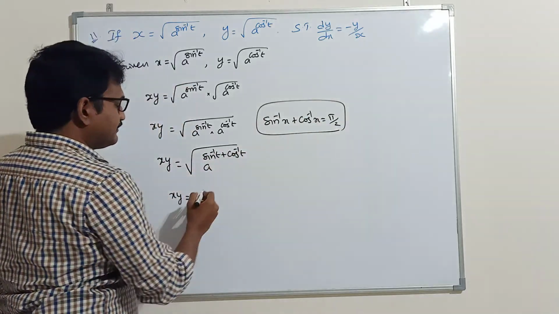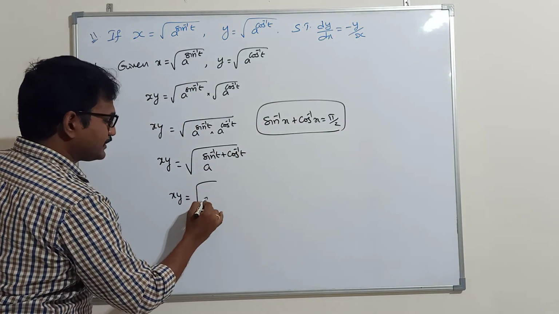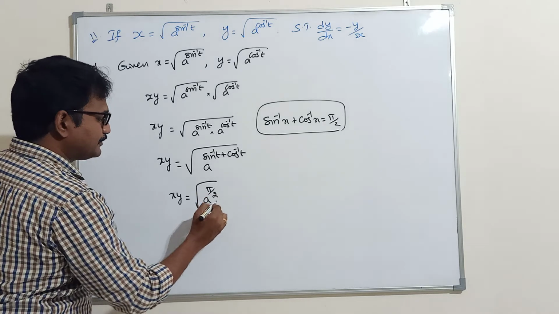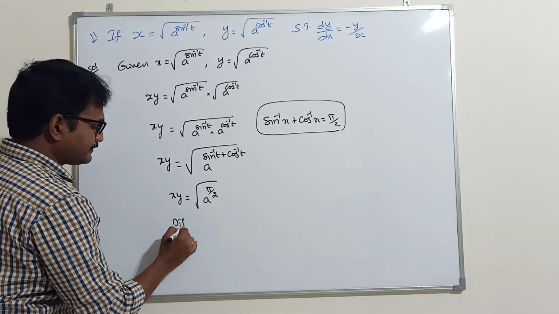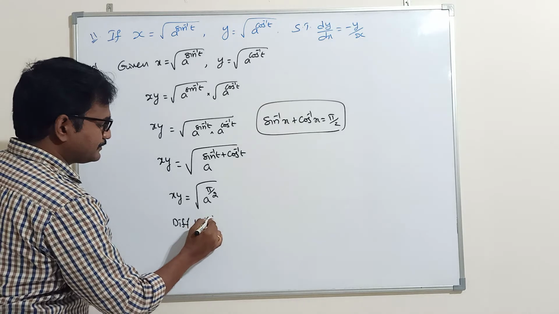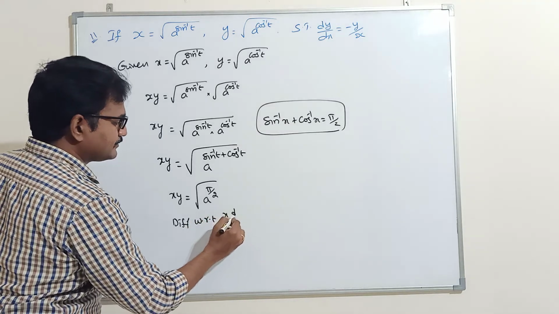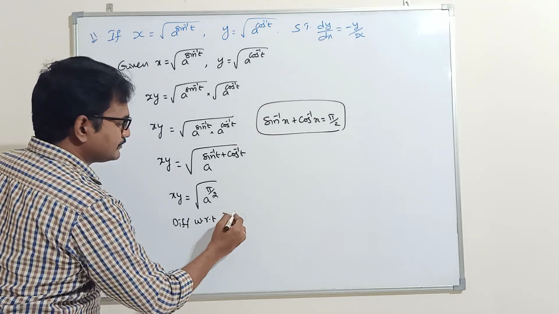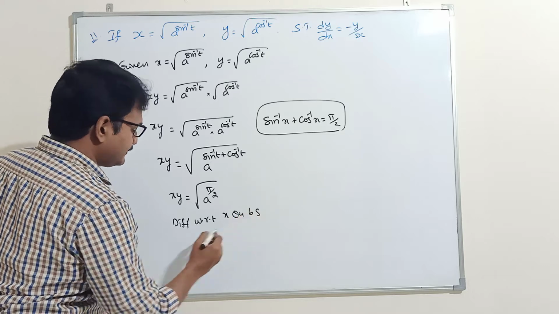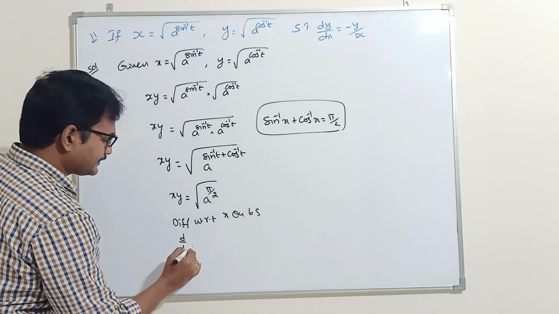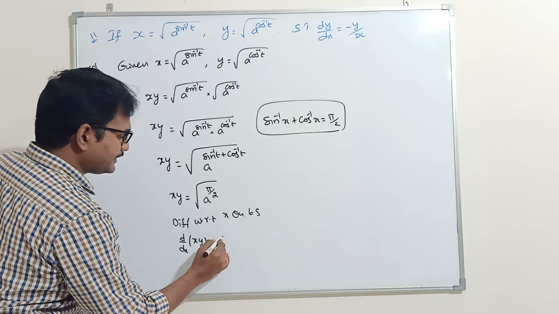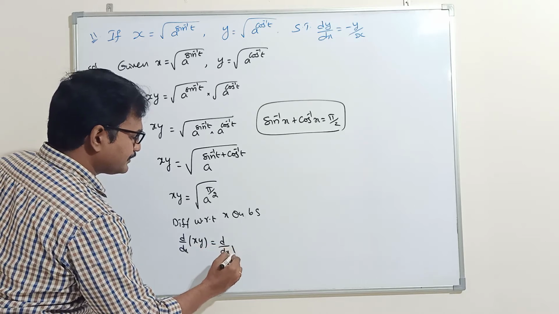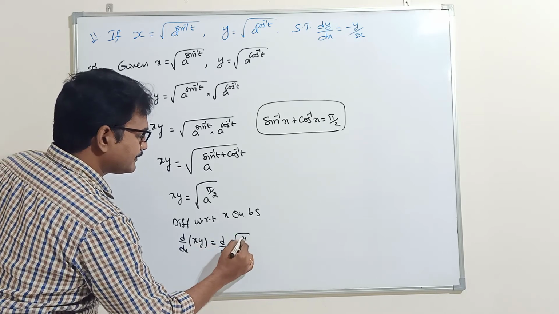So sin inverse t plus cos inverse t value is pi by 2, giving root of a power pi by 2. Now differentiating with respect to x on both sides, d by dx of xy is equal to d by dx of root of a power pi by 2.